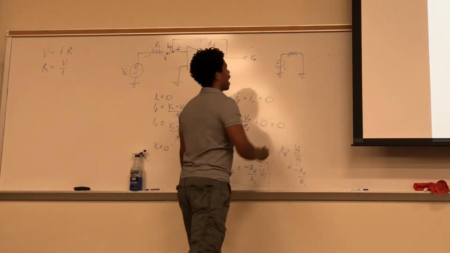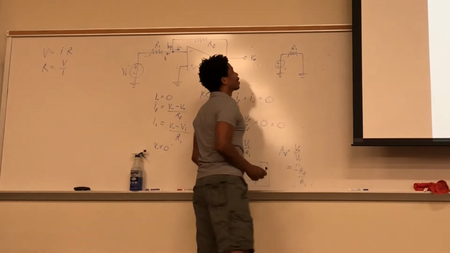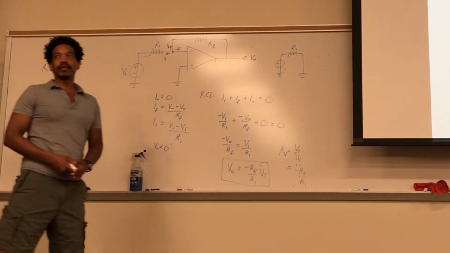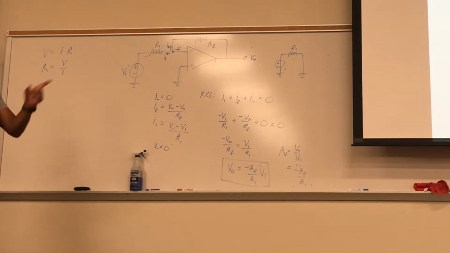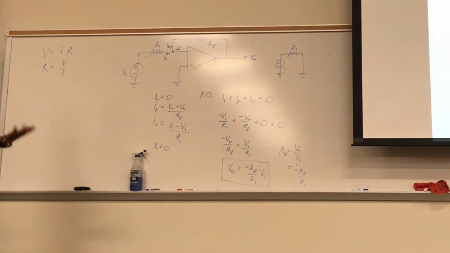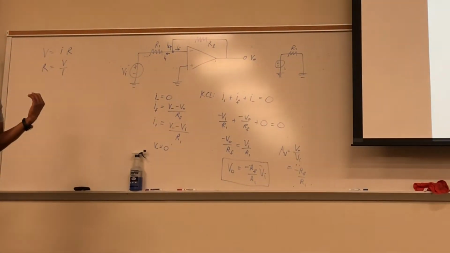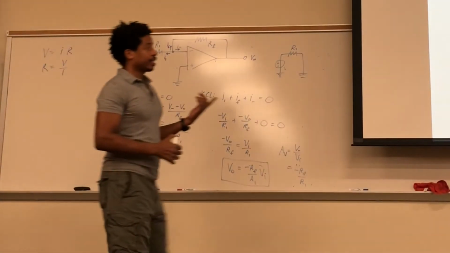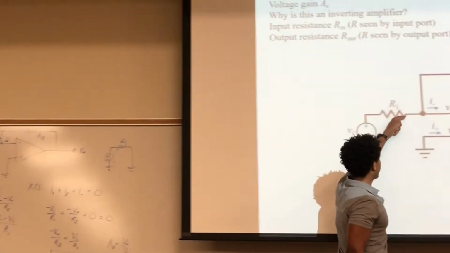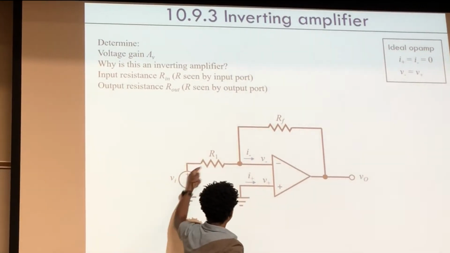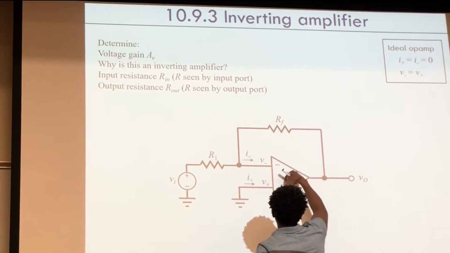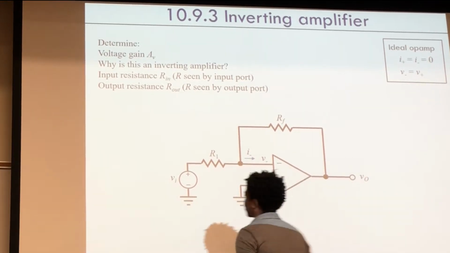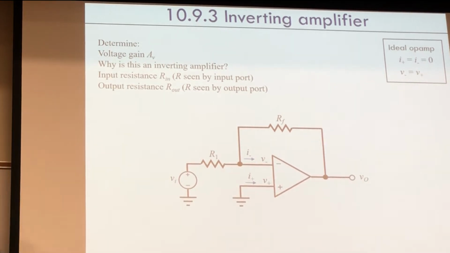So the input resistance just looks like R1. That's what it looks like from the outside. Clearly no current is going down this direction and doing this other stuff and then going into the op amp, but it looks like this from the outside.